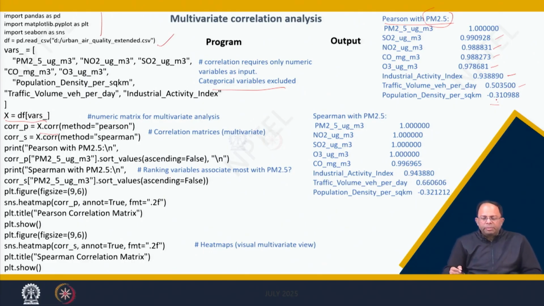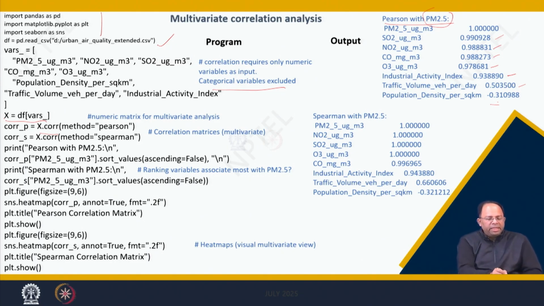Now we can do Spearman in the exact same way. The code is more or less the same. Now corr_s is x.corr with method Spearman, which we have already given. And then we are also plotting these values.